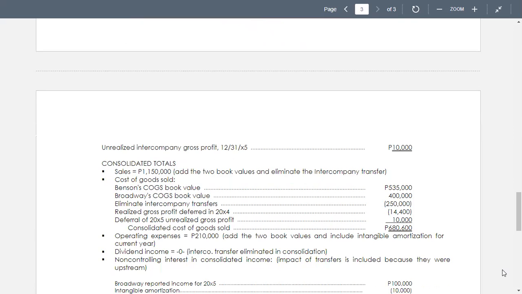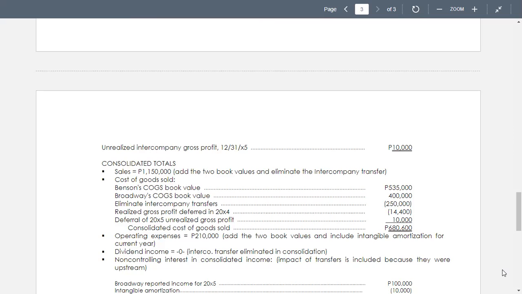210,000. We add the two book values and include intangible amortization for the current year. So in other words, we have the amount of intangible amortization to be added, 200,000 plus 10,000. Intangible amortization will be an expense.